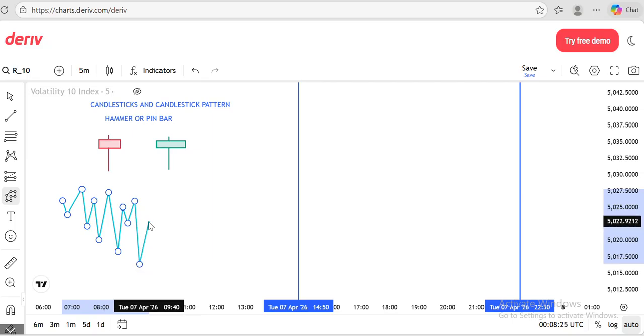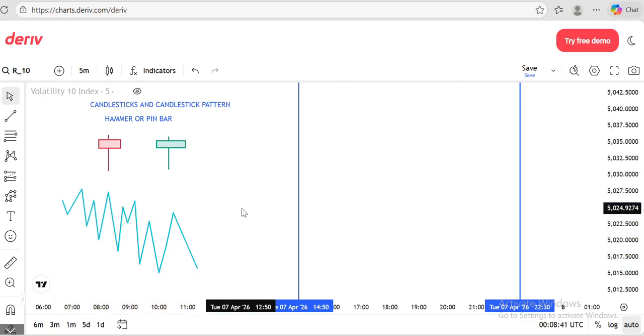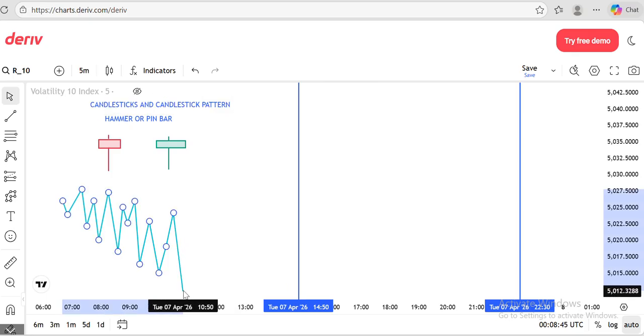So you getting what I'm saying? Please don't mind my drawing. So like this, you will expect, okay, this has been a bearish move.